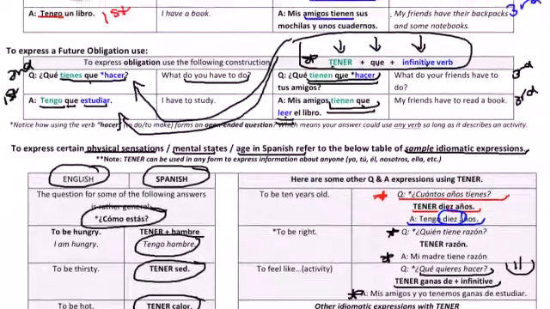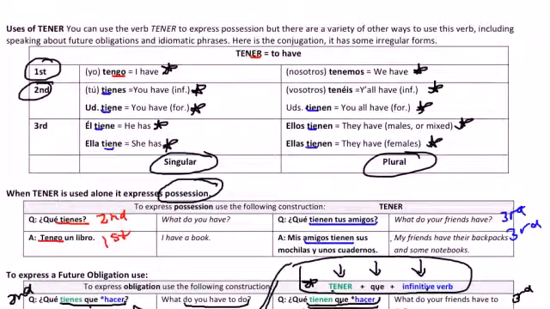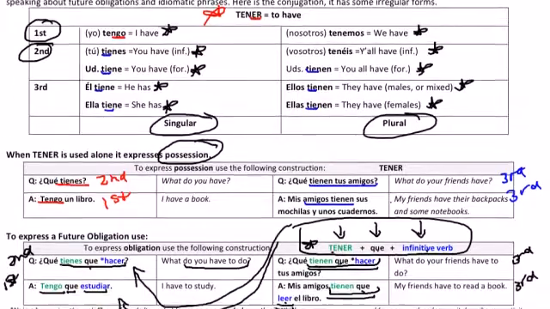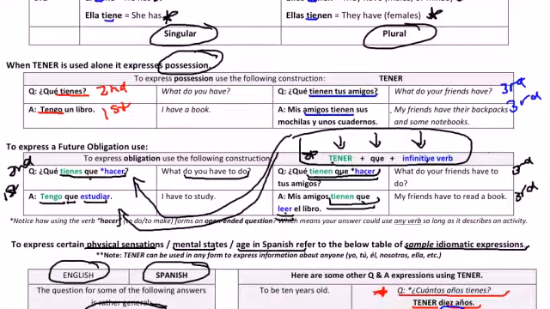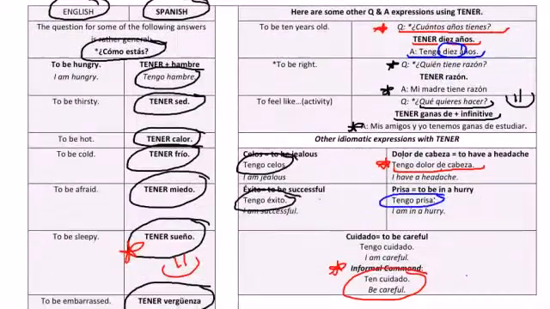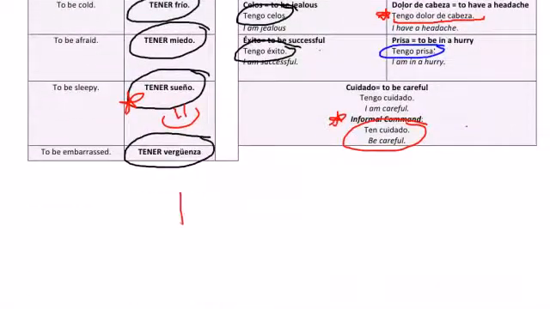This is a general overview of how to use tener. Remember that tener is an irregular verb. You're going to have to memorize the conjugation, and keep in mind that we use tener for possession. We use it for age.